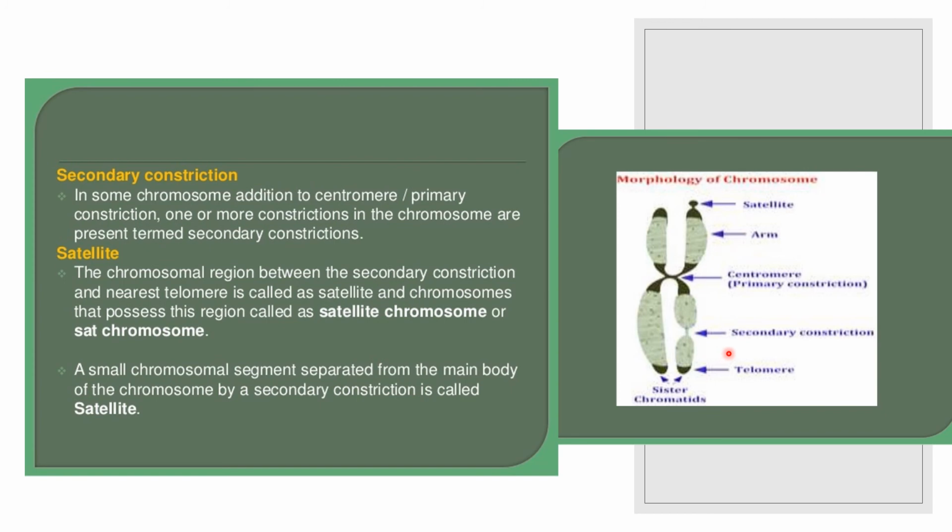Chromosomes that possess this region are called satellite chromosomes or SAT chromosomes. You can see here a satellite is present over here. So the chromosome in which this satellite is present is called a satellite chromosome or SAT chromosome.